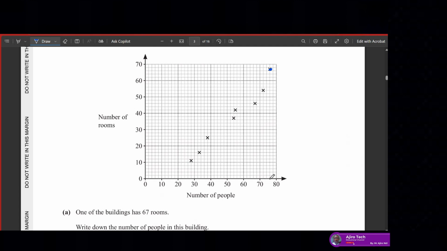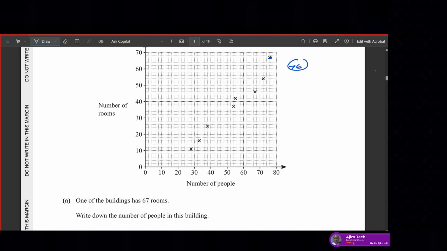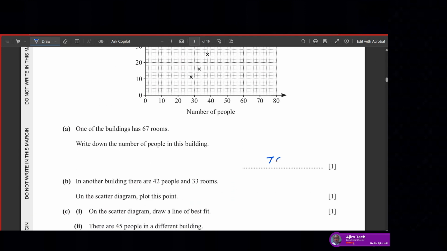So what will be this value again, if each box represents 2? It's not the middle, it's exactly on this line. 76, right? So 76. That should be the answer. Do you get that? Yes. Good.